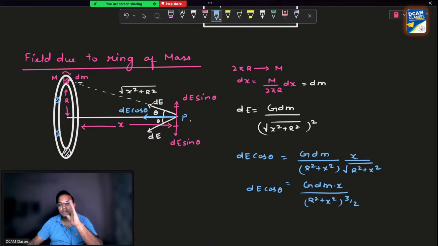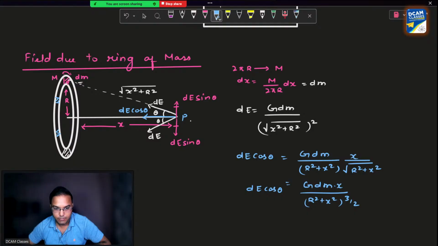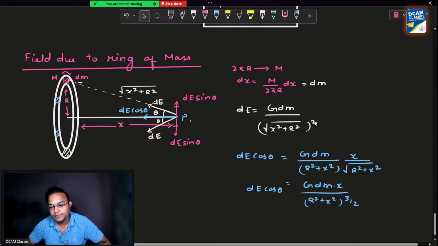Right? You have to visualize this ring in this way. The ring is circular, and the point at which we want to find out the field is perpendicular to the plane. Correct? Yes, Diva? Tanishka?